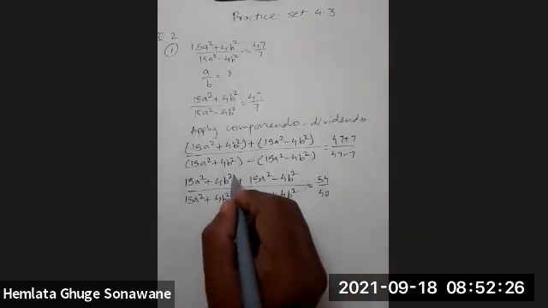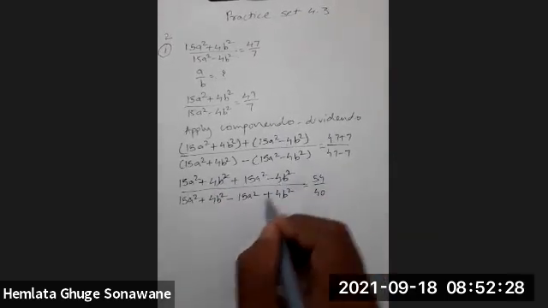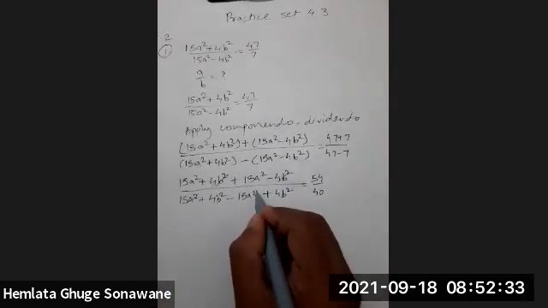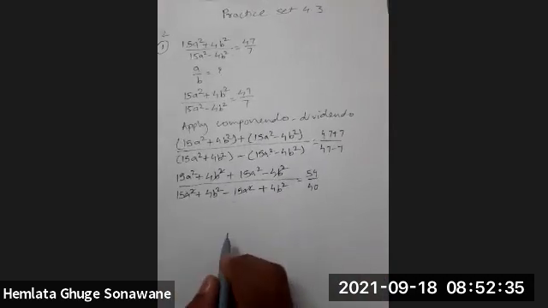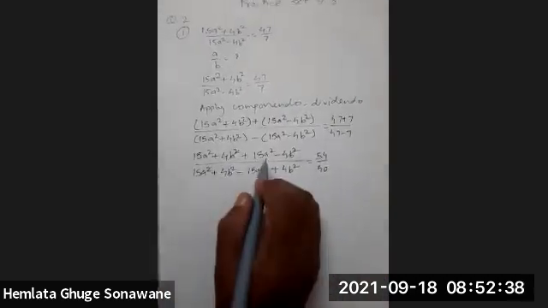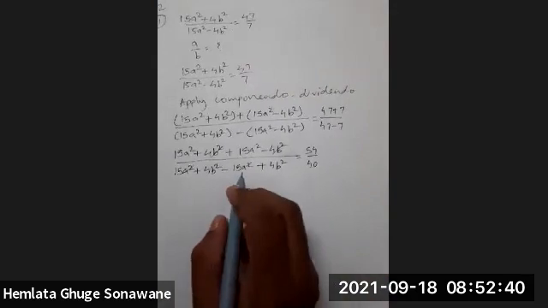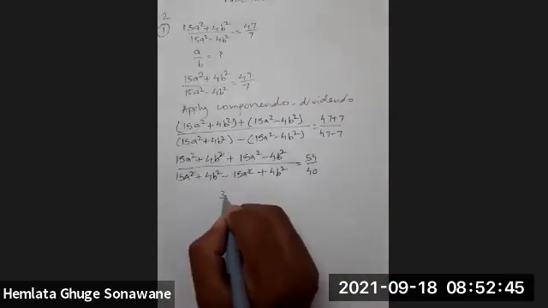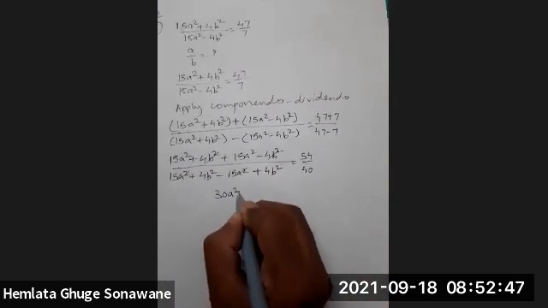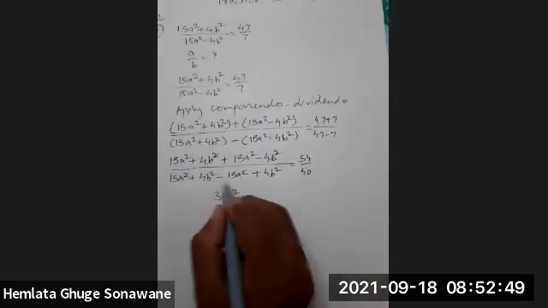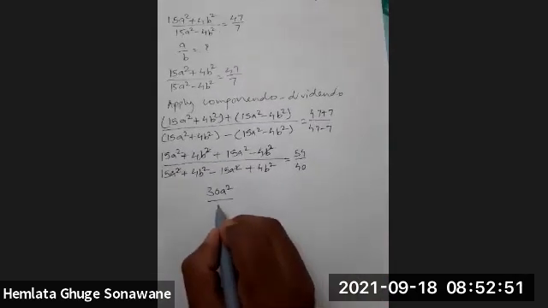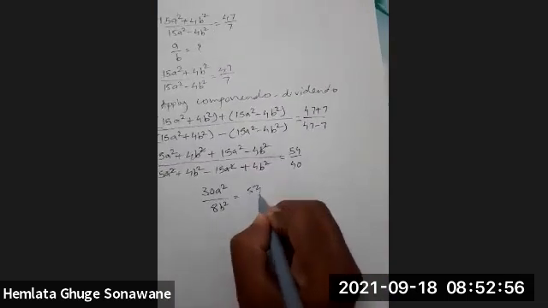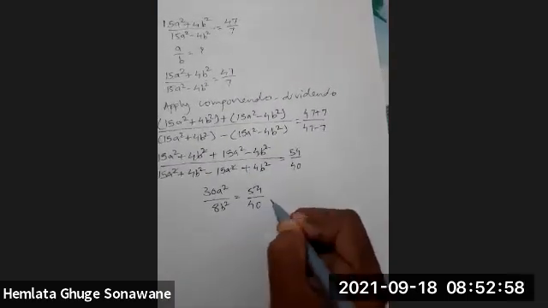Now here this 4b square plus and minus get cancelled. Here 15a square and minus 15a square get cancelled. Now here 15a square plus 15a square becomes 30a square upon 4b square plus 4b square is 8b square is equal to 54 upon 40.